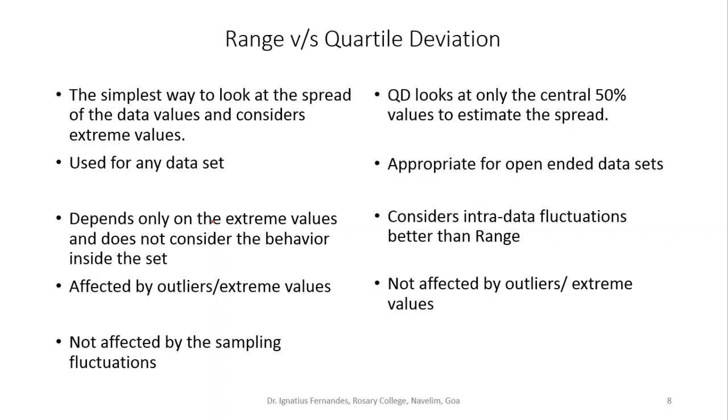Range is not affected by the sampling fluctuations, because range does not consider what happens to the data between the minimum and the maximum. Whereas the quartile deviation is affected by sampling fluctuations because it depends on the middle 50% values, Q1 and Q3. These are the differences between range and quartile deviation.